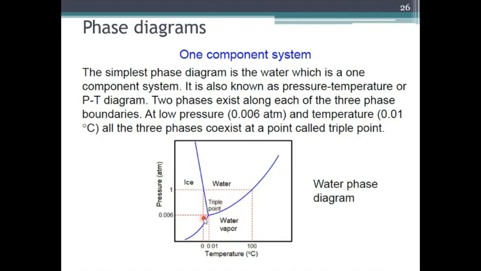All the three curved lines meet at a point called the triple point. This kind of one component phase diagram we call the water phase diagram, the simplest form, having only one component.